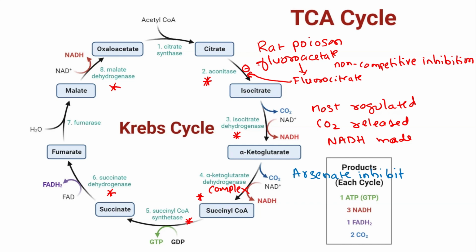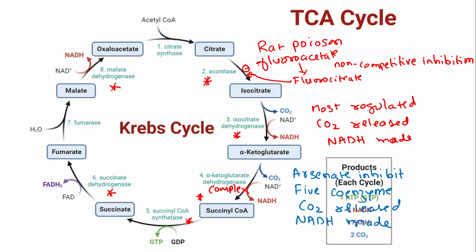We are going to see that later. It needs 5 coenzymes, just like any other complex enzyme. Remember those 5 coenzymes: TPP, B1, B2, B3, B5, and lipoic acid. So, carbon dioxide is released here. That's the second carbon of your acetyl-CoA, and NADH made.